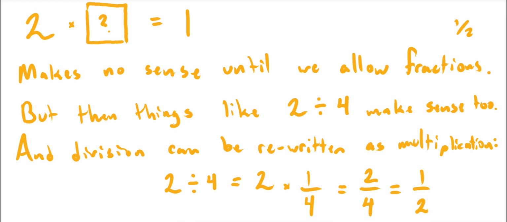And division also allows us to rewrite division as multiplication. And just like addition and subtraction, multiplication has better properties than division does. You can do multiplication in any order. That's commutativity. It's associative. And so we generally would prefer to write things with multiplication for the purposes of solving equations and the like.